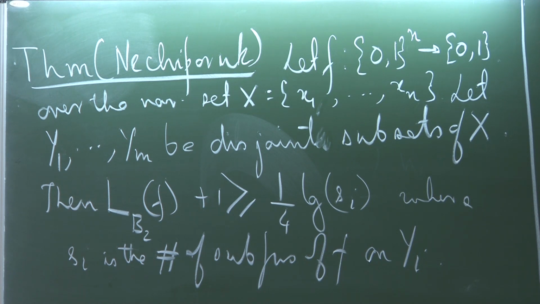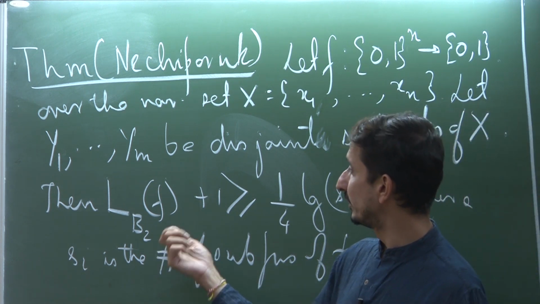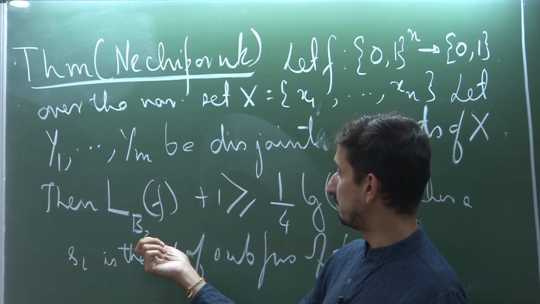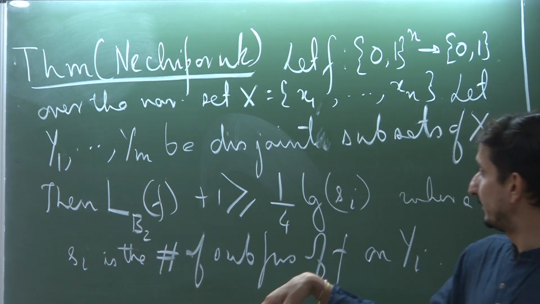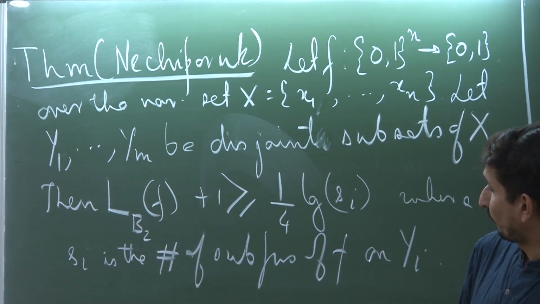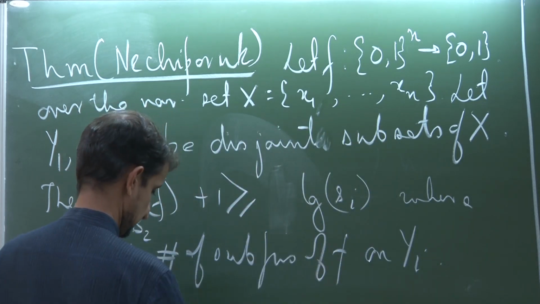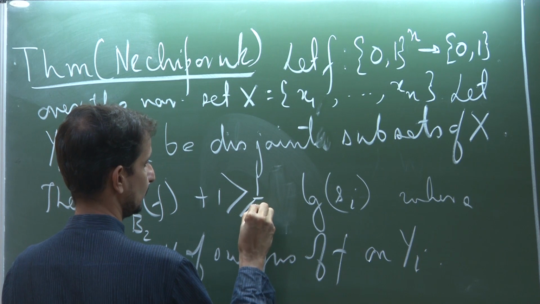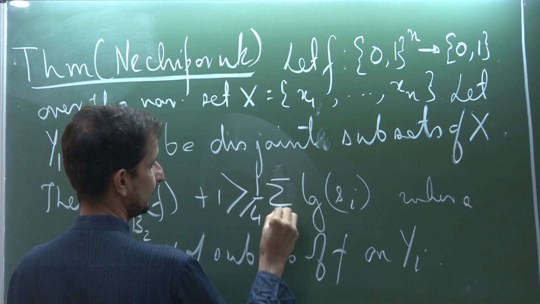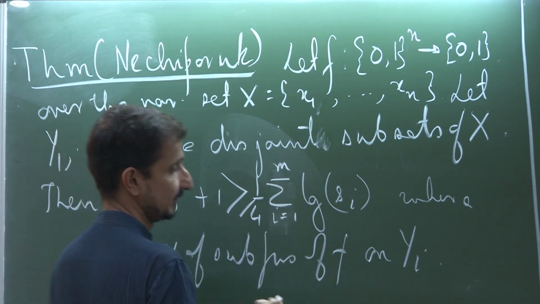Okay. So, this is what we saw last time, and the way the proof works is basically we count the number of leaves. So, we show that basically, one second, this is not correct. So, this will be 1/4 sigma i equal to 1 to m log of Si. Okay.